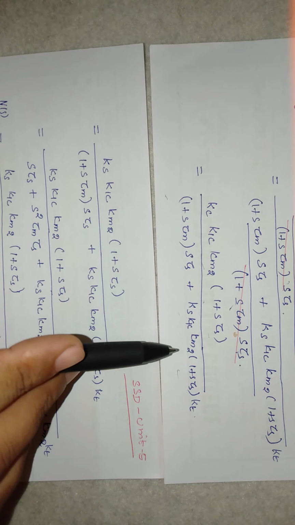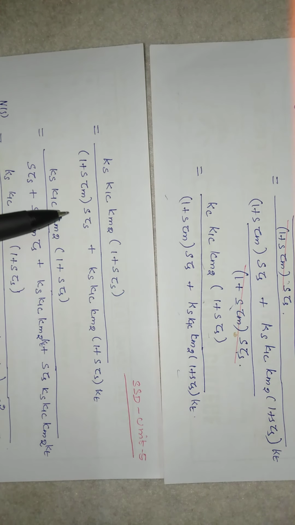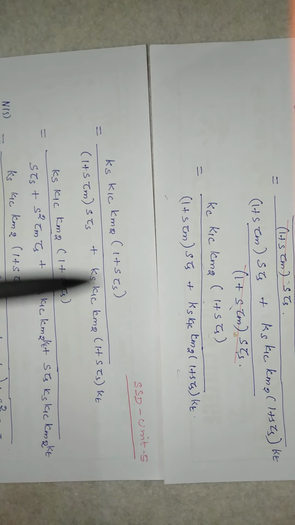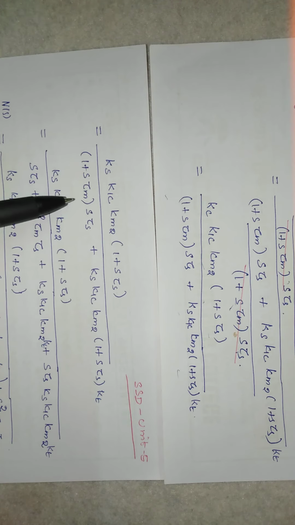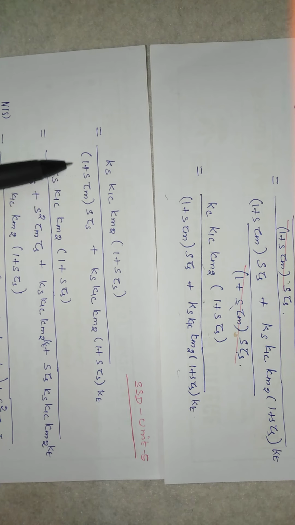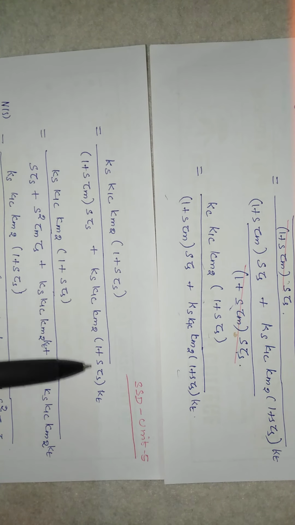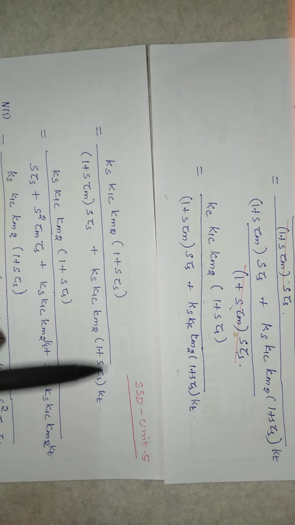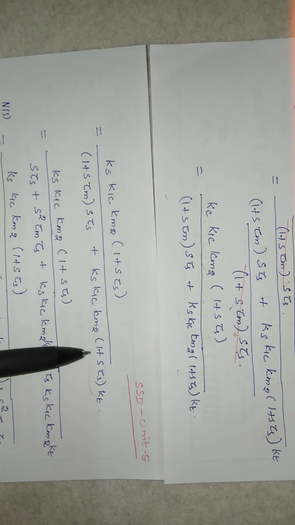So the term which we obtained here, I will write on the next page, the same term I am writing here. And after this, we are multiplying this term into the inner part of this equation, that is 1 plus s tau s, here 1 plus s tau m.